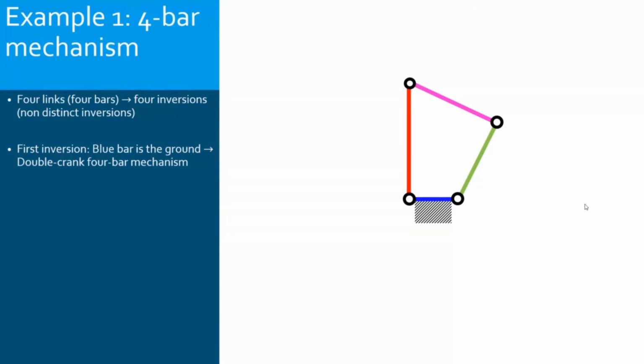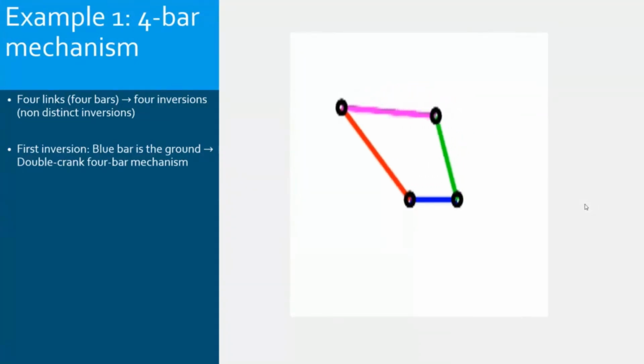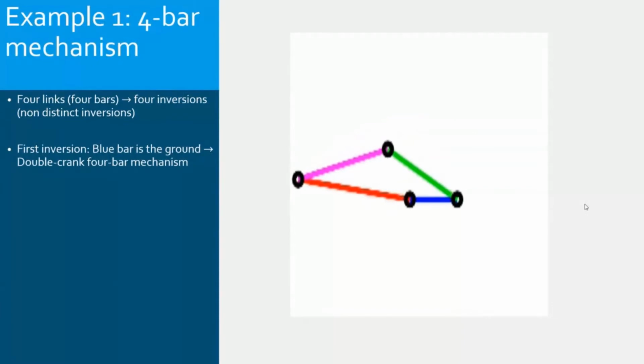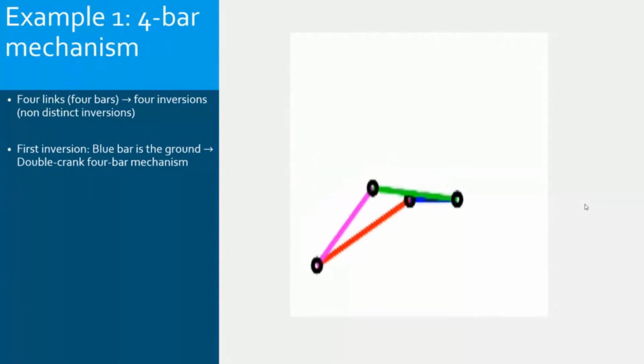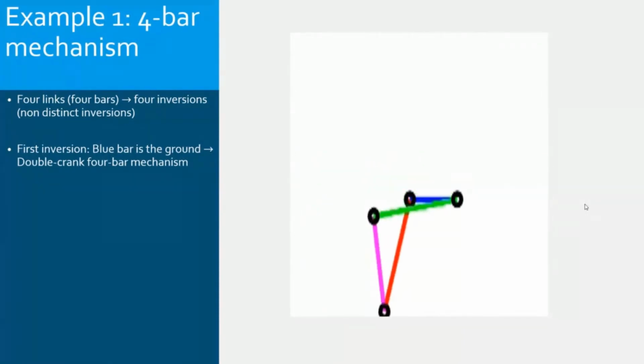I have started with the shortest link. So I block it here, the blue bar, and consider it as the ground. And let's see how the motion of the mechanism will be. Focus a little bit on the red and green bars.